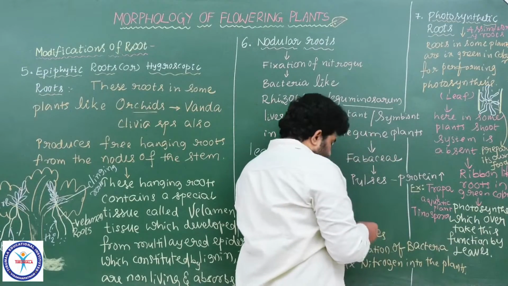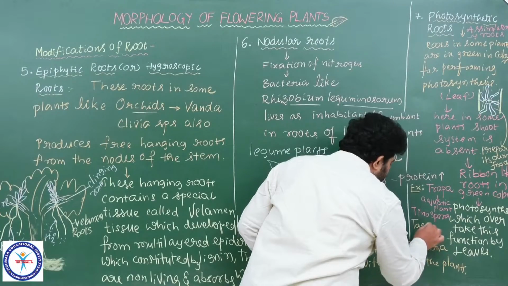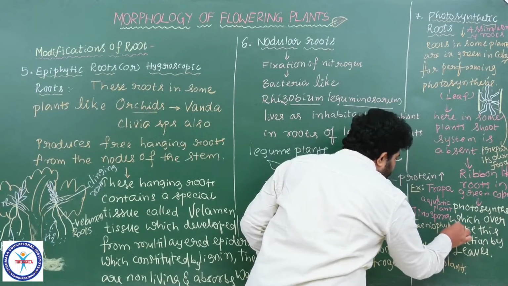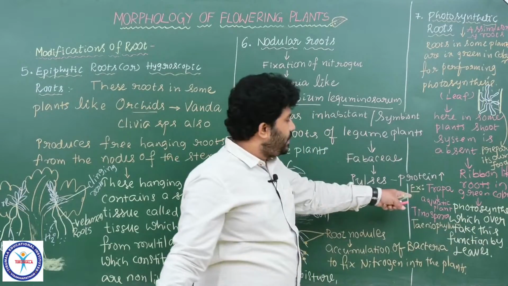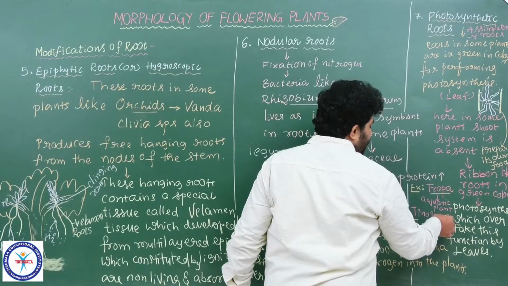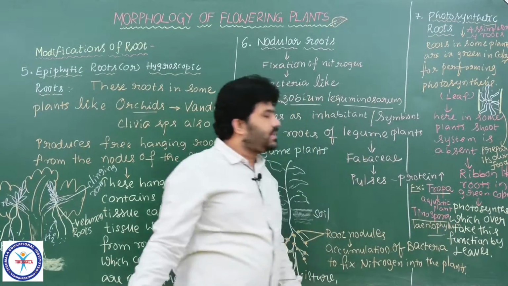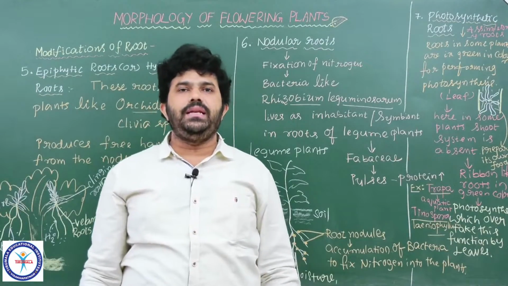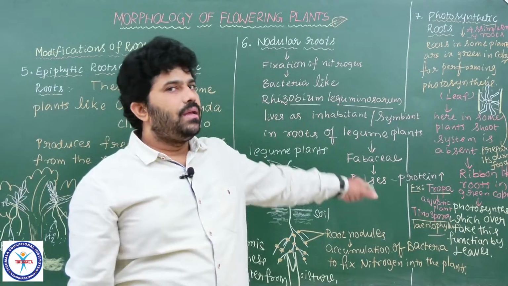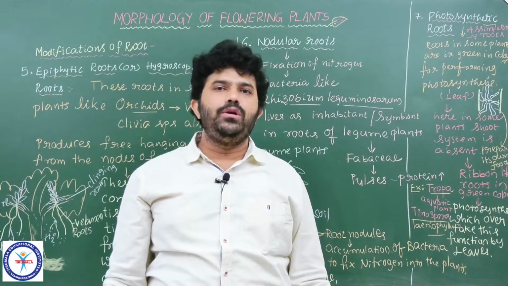Note down, students, Tinospora and Taeniophyllum. Examples you please remember, Taeniophyllum. Listen once again: Trapa, Tinospora and Taeniophyllum. All these are exemplary plants in which we see special root like structures and root modifications, that is photosynthetic roots or assimilatory roots.